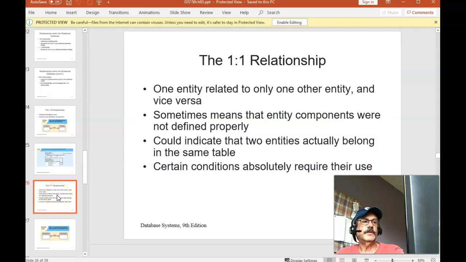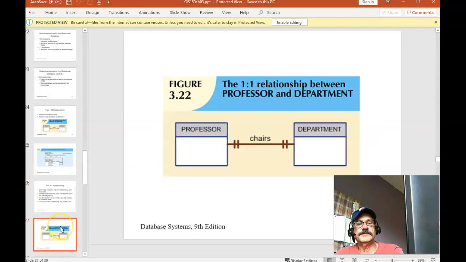If you find out that you have a one-to-one relationship, it may be that it was not originally defined correctly, or they belong to certain requirements. It's a specialty kind of deal. Say you have a table full of professors and a table full of departments.